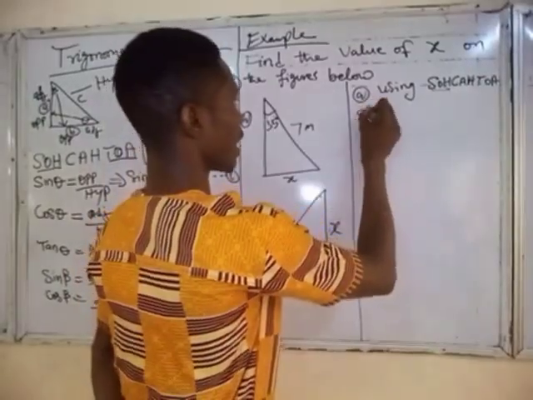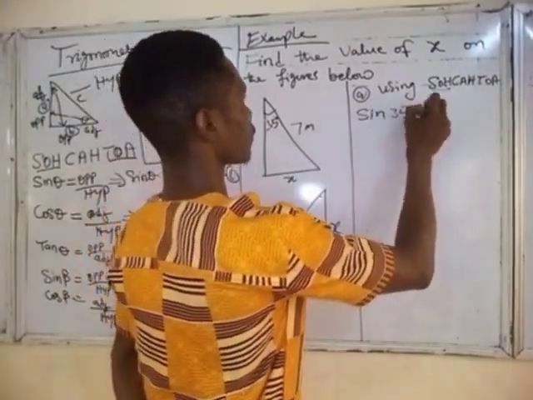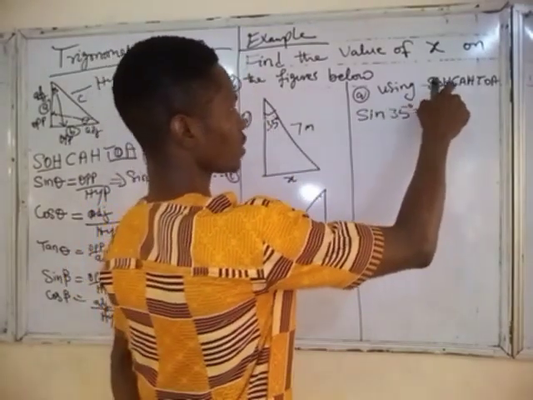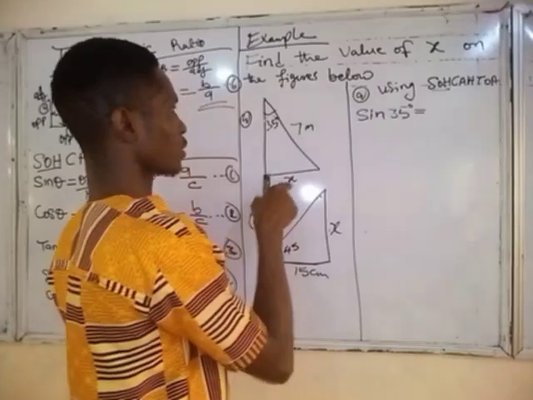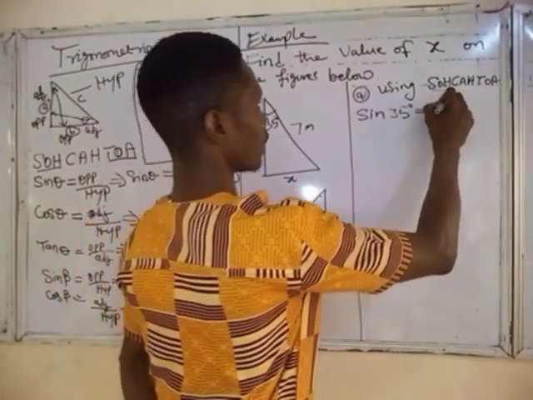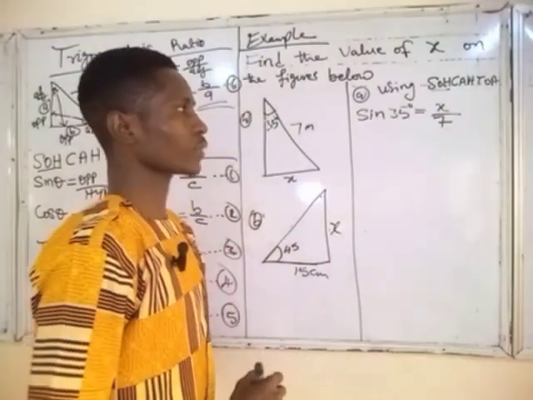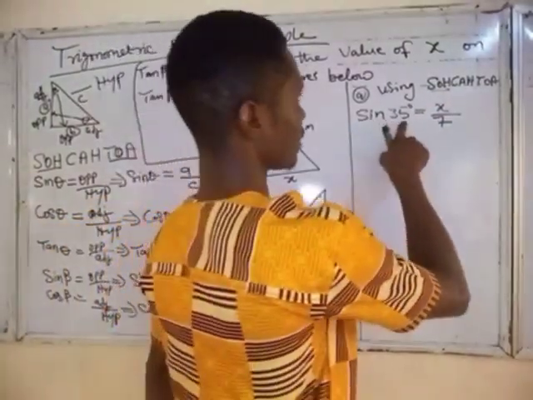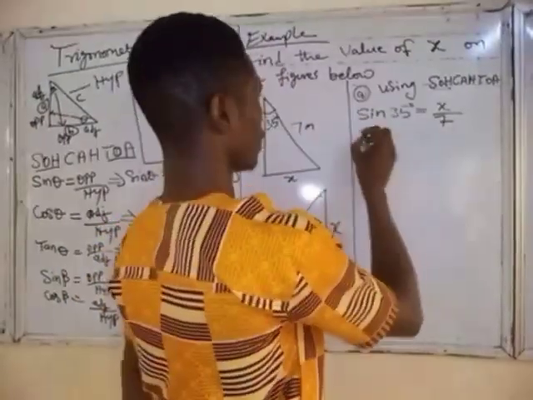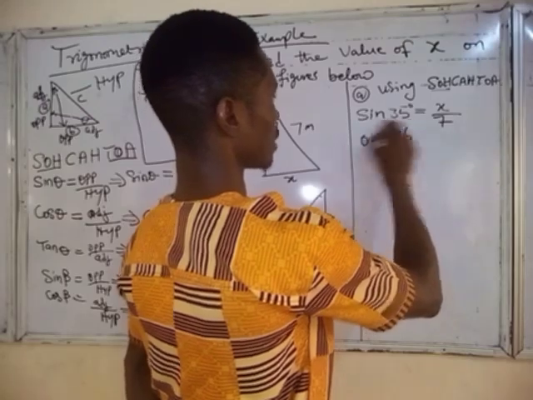So we now say sine of this 35 degrees is equal to opposite over hypotenuse. This is opposite to this. So this is going to be x over 7. So what is sine 35? If you check on your 4-figure table, sine 35 should be giving us 0.5736.